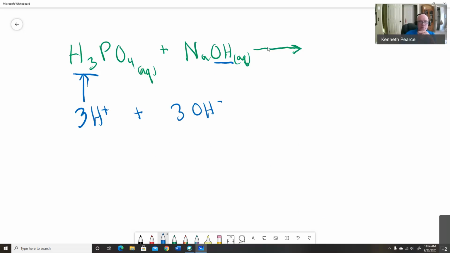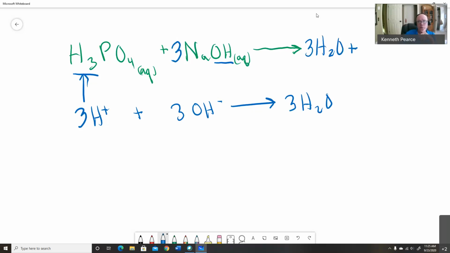Remember what I said about the net reaction is going to tell you how to balance it. And if I need 3 OHs, I'm going to have to put a 3 over here to balance out the 3 H pluses. We're not even thinking about the sodium and the phosphate for the moment. And then that would give us 3 waters. Remember what I said, 3 to 3 to 3. And so we have 3 waters up here.